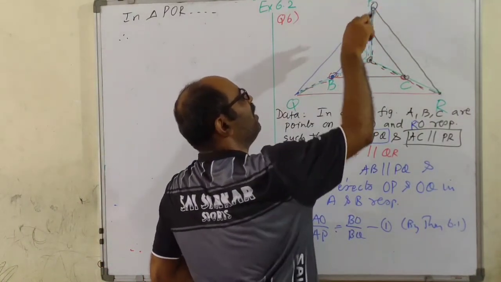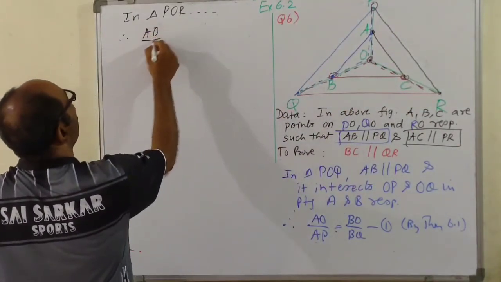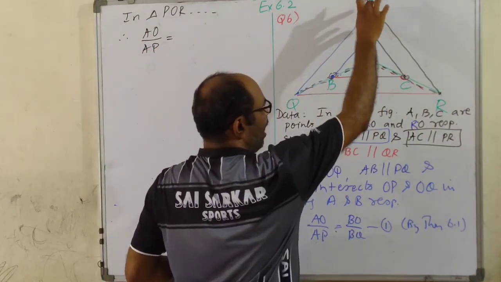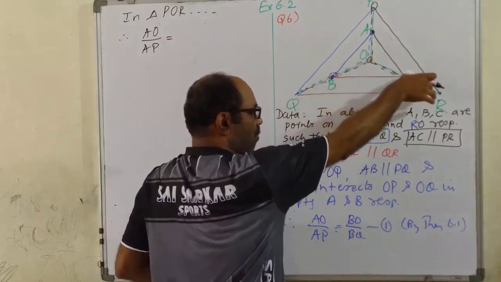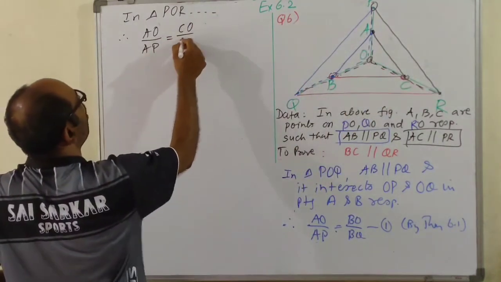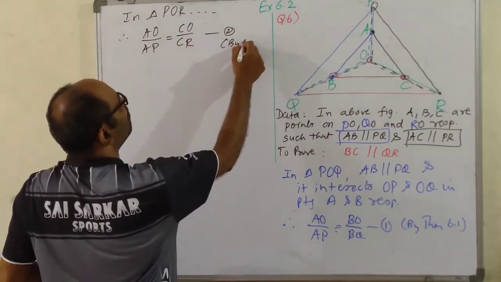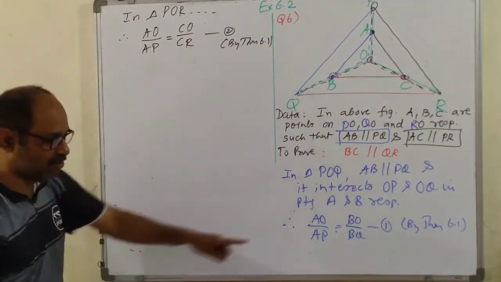AO upon AP is equal to AO upon AP, then this side in the black triangle, CO upon CR. Result number 2, by theorem 6.1.